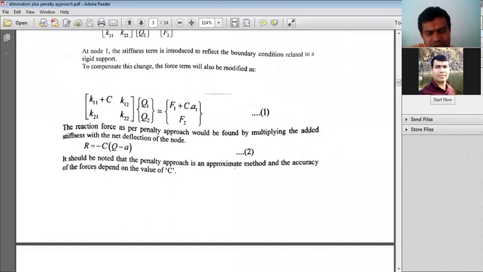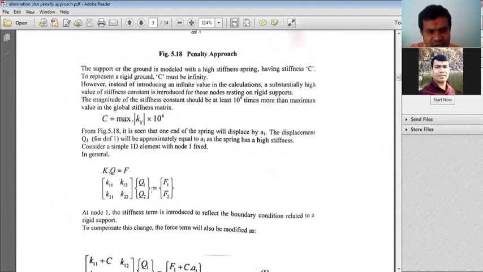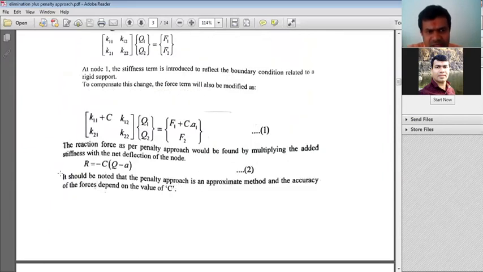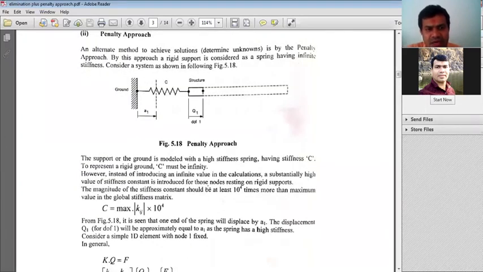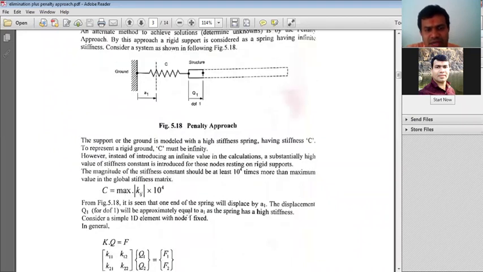The penalty approach is an approximate method, and the accuracy of the force depends on the value of C, that is, on the maximum stiffness assumed or given. But in an exam, if it is mentioned that you solve this example using the penalty approach only, then you have to follow the penalty approach method.